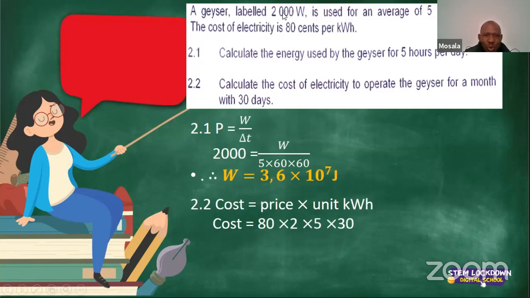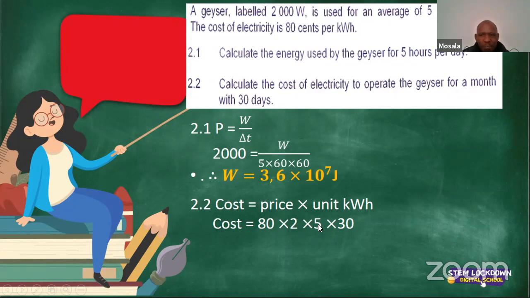It is 2 kilowatts. Kilo means 1,000, so it's 2 kilowatts. That is the unit for electricity, kilowatt hour. And then it is 2 kilowatts, 2,000 watts, 2 kilowatts.